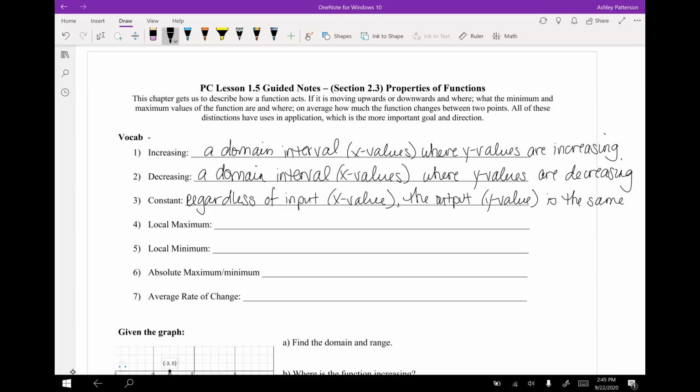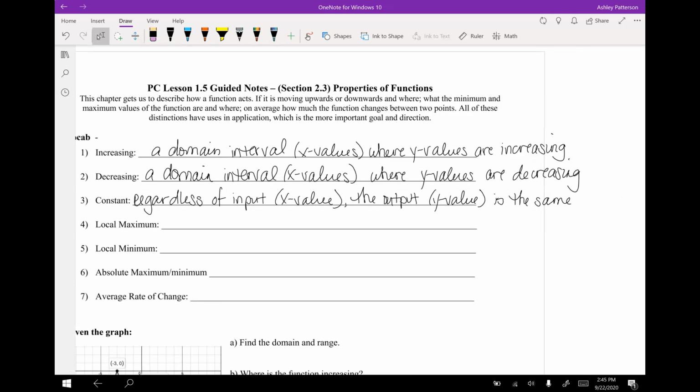If you want to write down also, a constant piece of a function is a horizontal line.